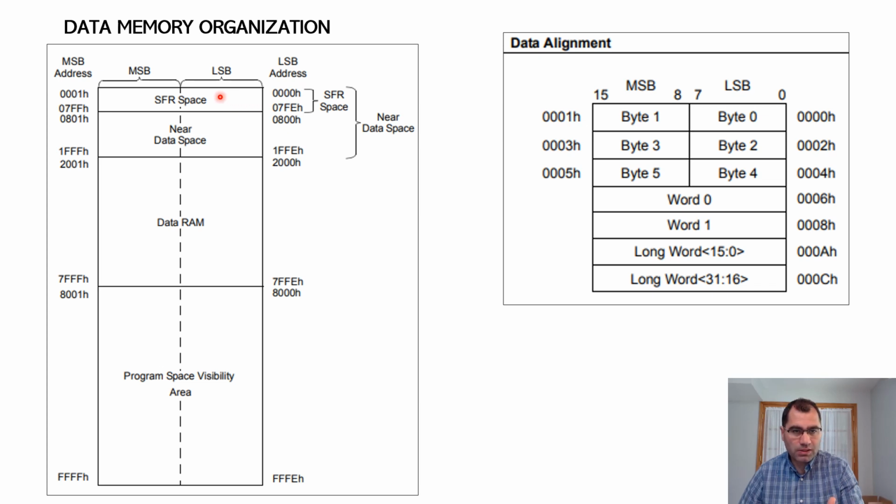It has a least significant byte and a most significant byte, so 8 plus 8 makes 16. You can store the least significant byte, let's say in 0000, and the most significant byte in 0001.